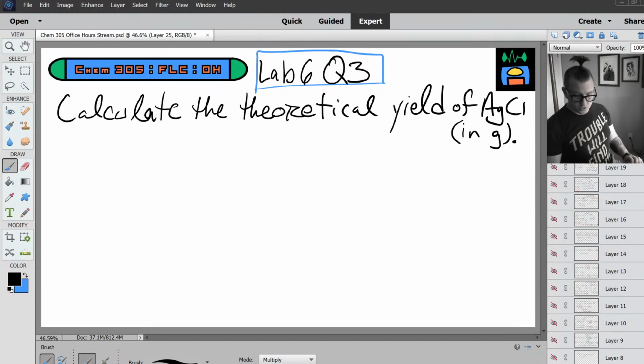All right. So, again, I'll give you the setup. Now, whenever you're working with a theoretical yield, so we've got 2 reactants, right? Let me pull that up.